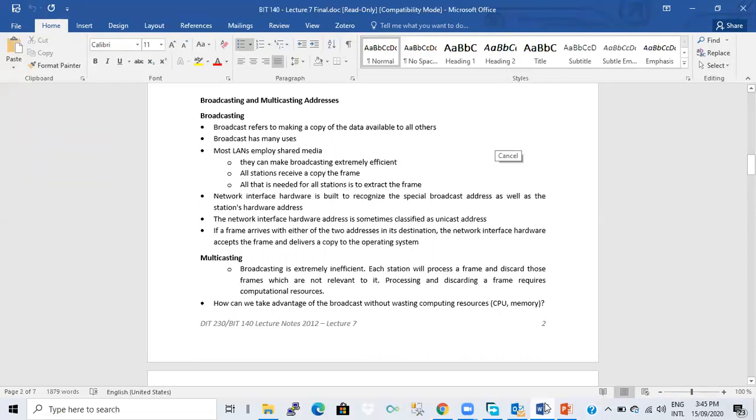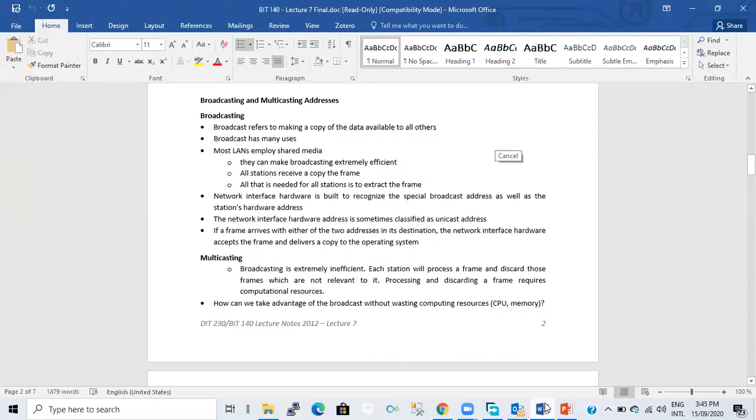So each network hardware device or network interface hardware comes with, let's say, a static address that identifies that one particular device on the network, as well as a broadcast address which can be used to communicate to any other node on that network.